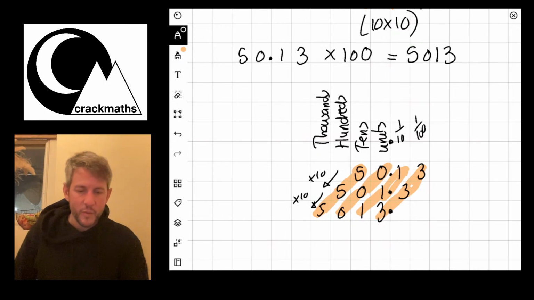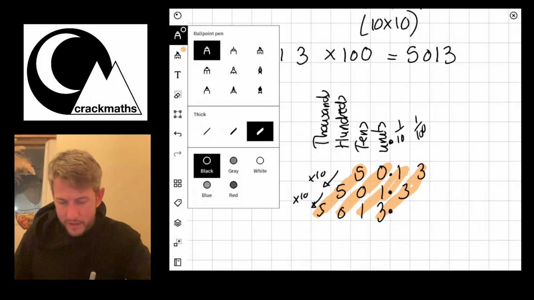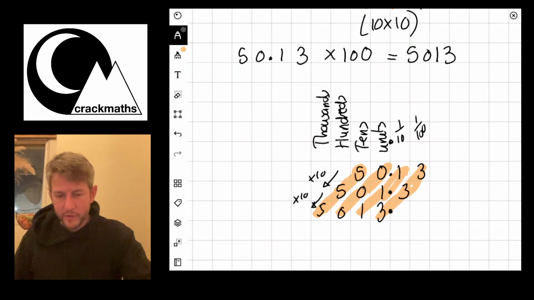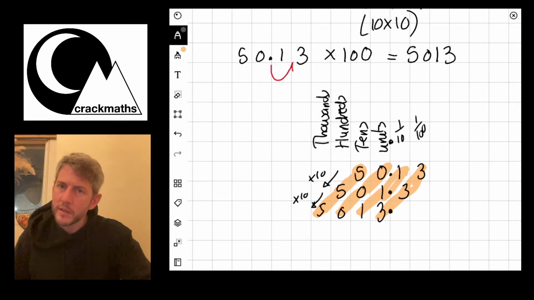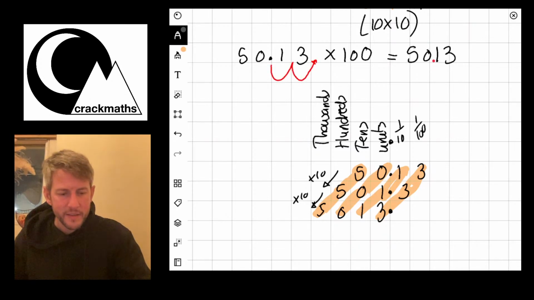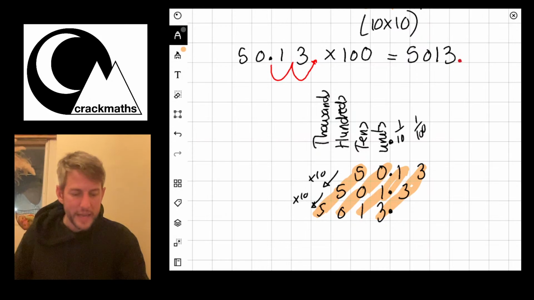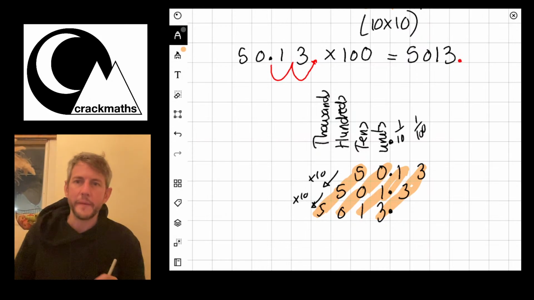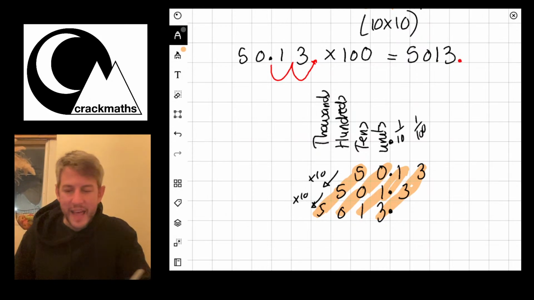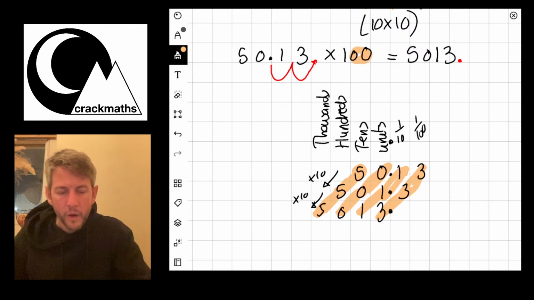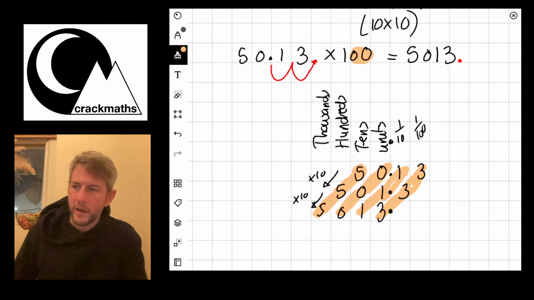We've moved 2 spaces over. Some people like to point out that to times by 100 is to shift the decimal place once, twice. There's still a decimal place here, we just don't bother putting it. So the decimal place has moved the number of zeros that we had: once and twice.